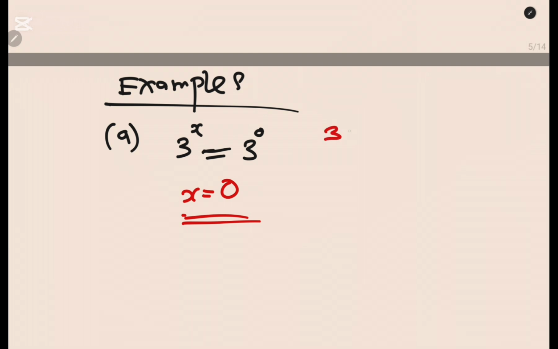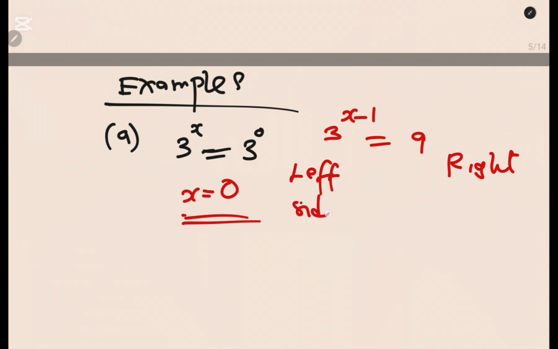So if we have 3 to the power x minus 1 equal to 9. The principle is that we need to make sure that the left hand side and the right hand side, in relation to the equal sign, have the same bases.